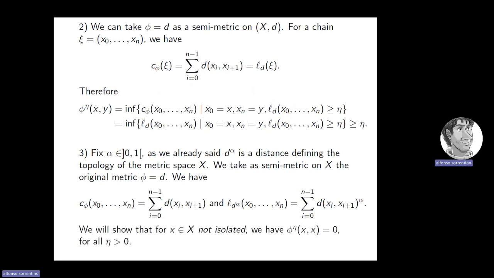Now we will show that for x in X not isolated, we have phi eta of xx equals 0 all the time.